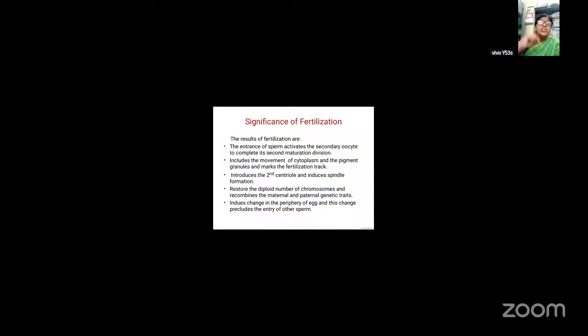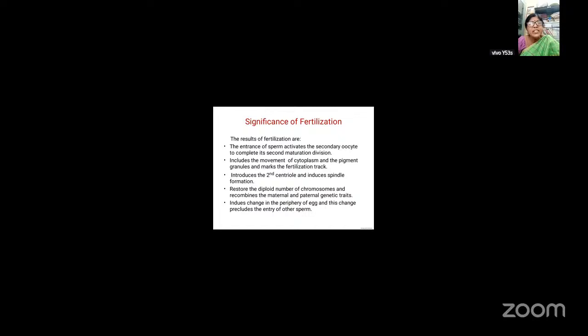So this is about fertilization. Today we have seen what is gametogenesis, oogenesis, spermatogenesis, and fertilization. When the male and the female gametes have been formed, they need to be fertilized, because only after fertilization will the progeny be formed.